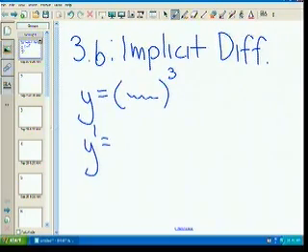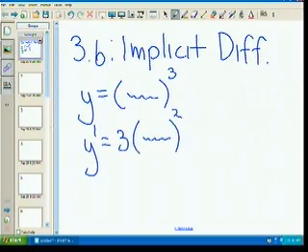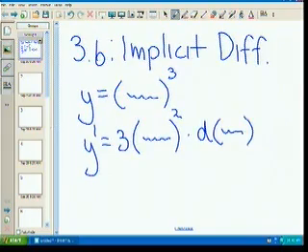The outside function here is a cubing function. So we would take 3 times this same inside stuff to 1 degree less. So it really doesn't matter at this point what is inside the letters and numbers until now, right? Because the last thing we have to do is take the derivative of that inside stuff, whatever it happens to be.